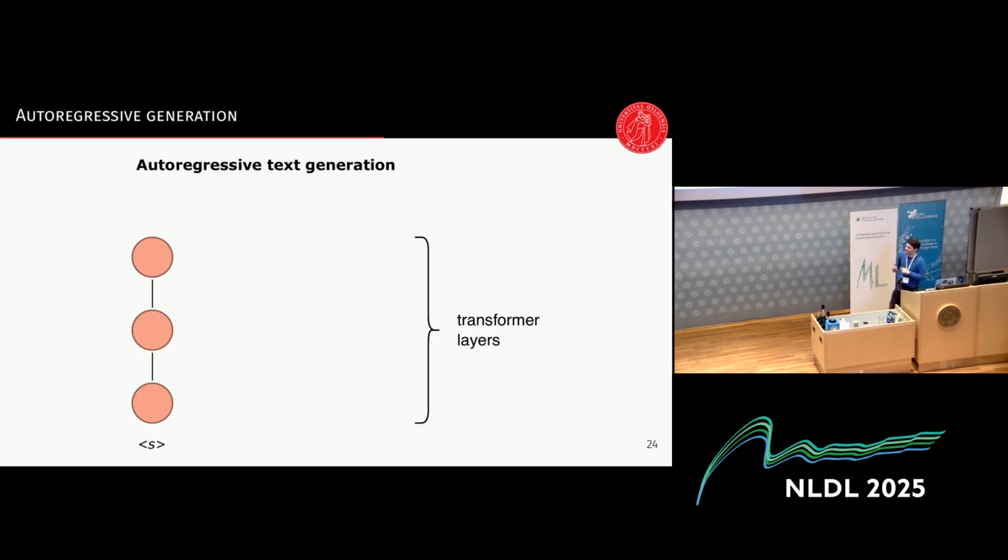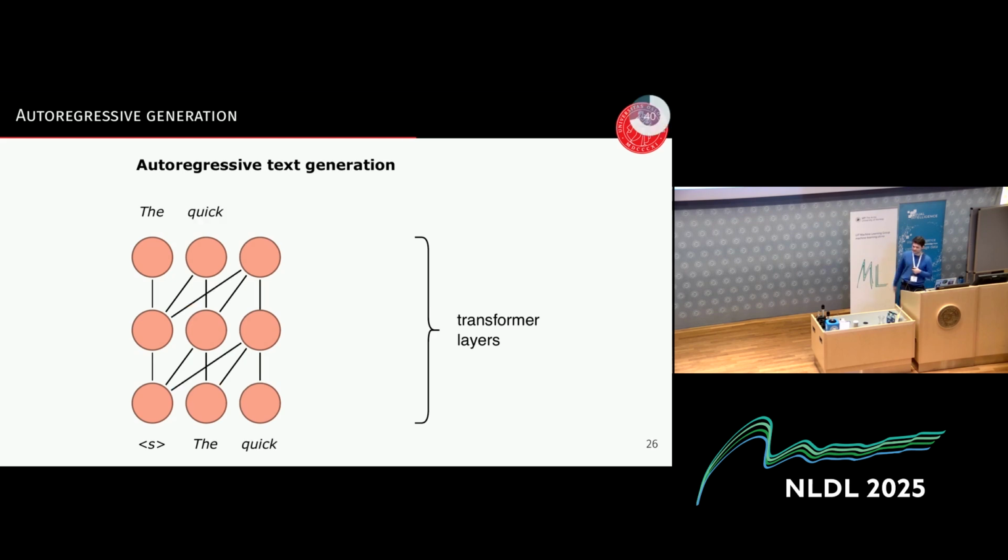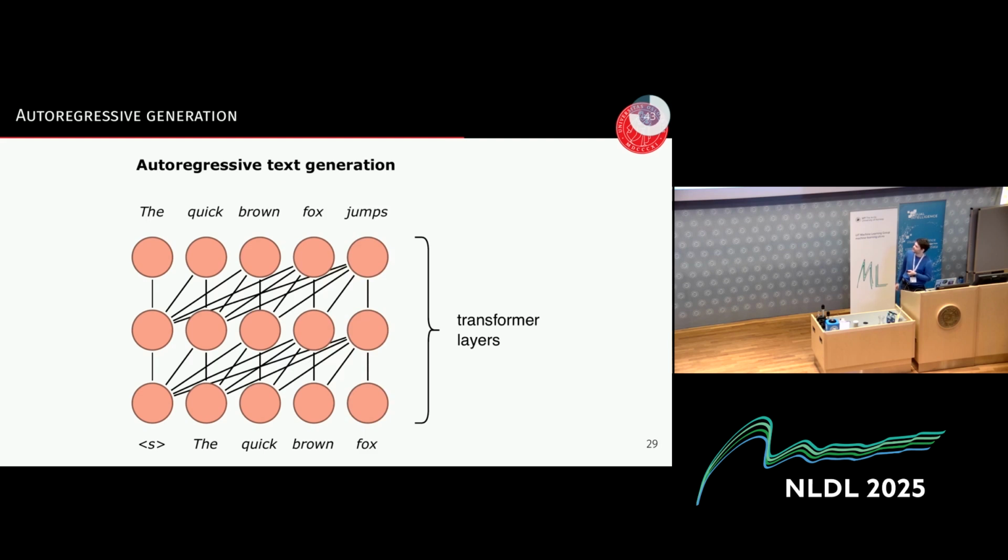And now we somehow pick one of the tokens from this distribution and put it into the input again. Now the input is the special beginning of sequence token and the chosen token, and again we move through the layers of the transformer and look at the final distribution that shows the probability distribution of the third word. We will pick one of the tokens from this distribution and again put it into the input, and again look at the output. We put the output into the input and do this iteratively until we generate the full sequence.